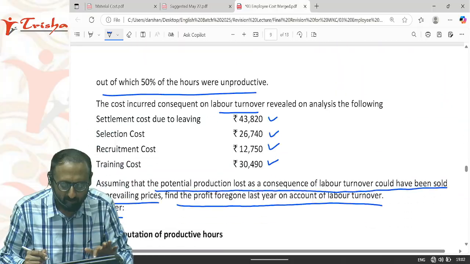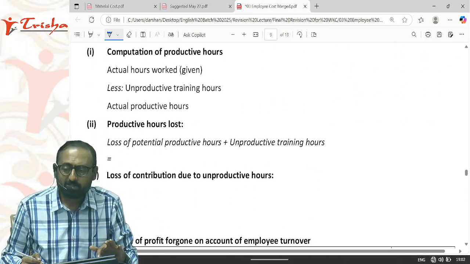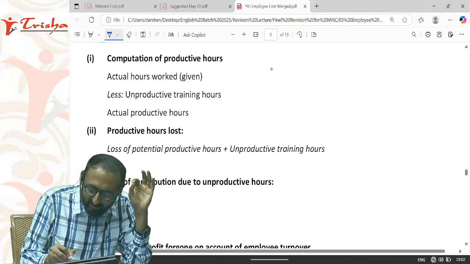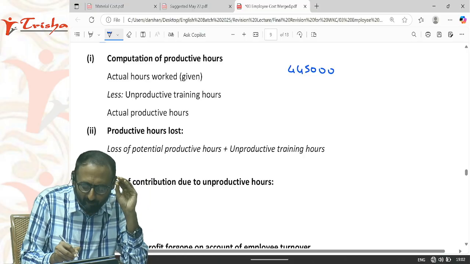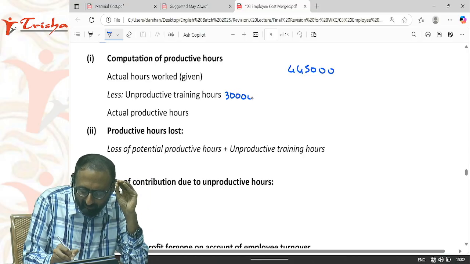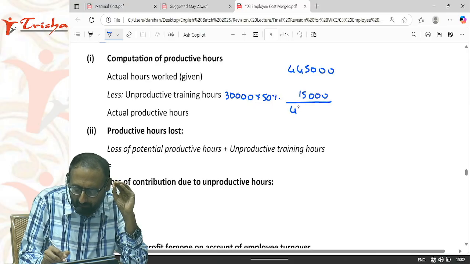Everyone please concentrate. How much actual hours worked in last year? Is it 4,45,000 hours? In that, unproductive training time is also included, 30,000 multiplied by 50%, which is 15,000. So actual productive hours will be 4,30,000.